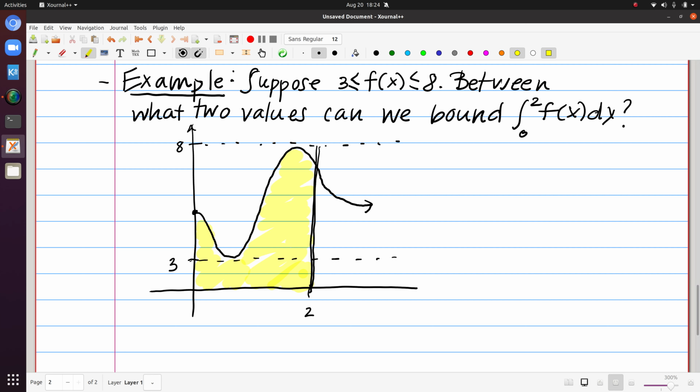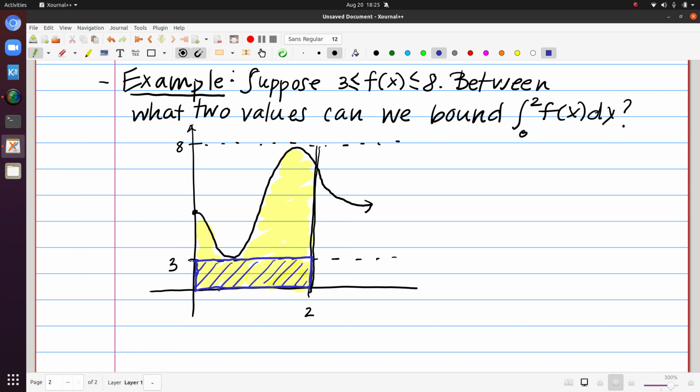So what I want to bring in is the bounds on f. So for a minimum, let's use blue, notice that I am guaranteed that if I take the rectangle with height equal to 3, the minimum possible value of f of x, even though this is just a representation of the graph, I'm guaranteed that this rectangle has to sit inside of the shaded area.